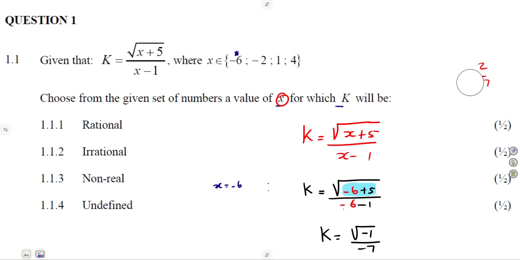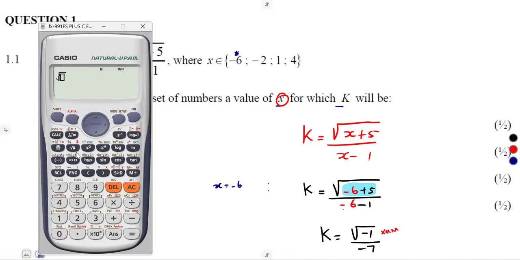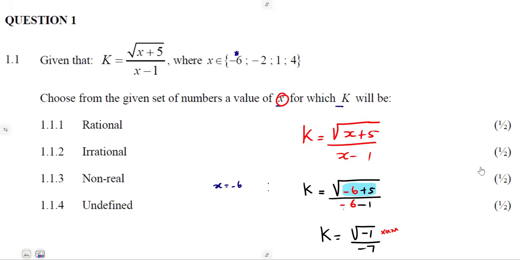So meaning to say we have a rational. But in this case, the number in the numerator, the square root of -1, cannot be simplified. If we take our calculator, the square root of -1 cannot be simplified. It is non-real.